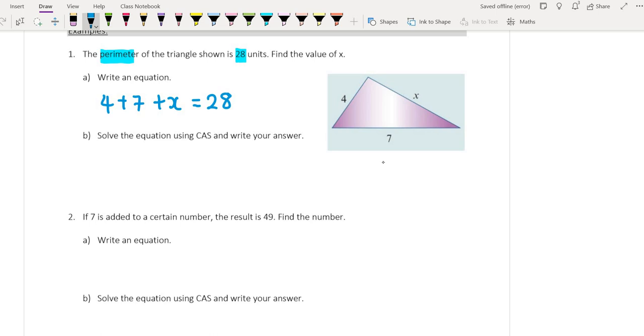Now you can just put that straight into a calculator and do solve, or you can just do 4 plus 7 first, making it into 11 plus x equals 28. And you can put this in the CAS menu algebra solve to solve for x, and it should come out to be 17.